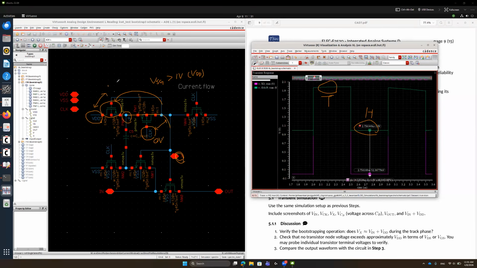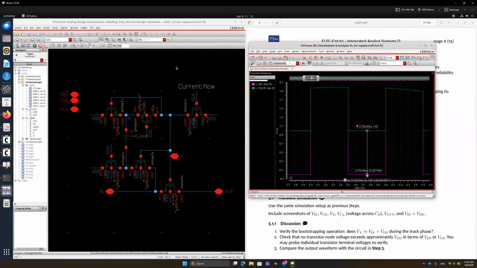So let's say this is 2 times VDD, but still the difference is VDD, and this is also, let's say, 2 times VDD, still VDS is within VDD. So there is no serious or dangerous situation happening at this PMOS transistor. So we need to make sure VSG of the PM1 transistor stays within a proper voltage, which is 1 volt, within 1 volt.